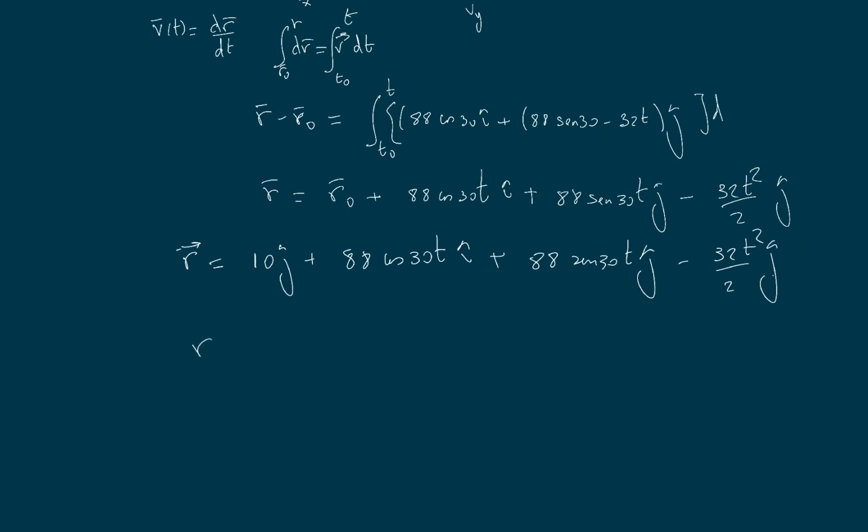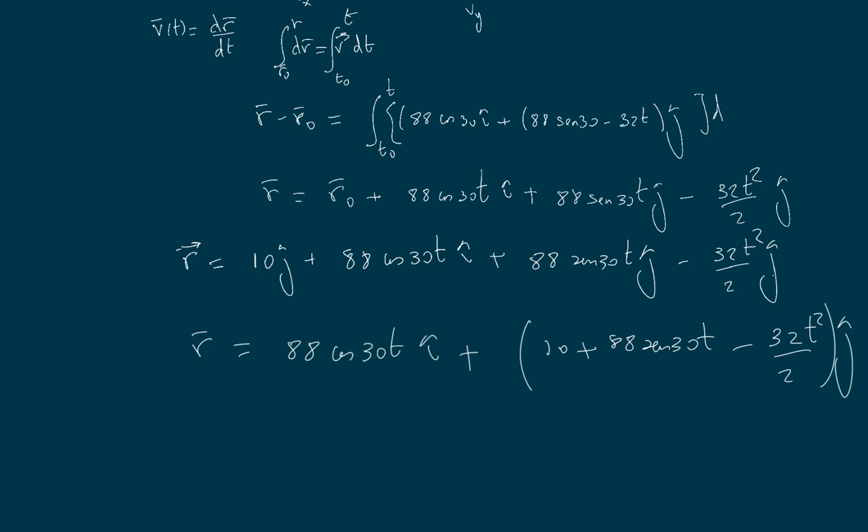If I write this in a good way, the i component is 88 cosine of 30 t, and now I put all the j together: I see a 10, I see 88 sine of 30 times t, and I see 32 t squared divided by 2, everything in the j direction.